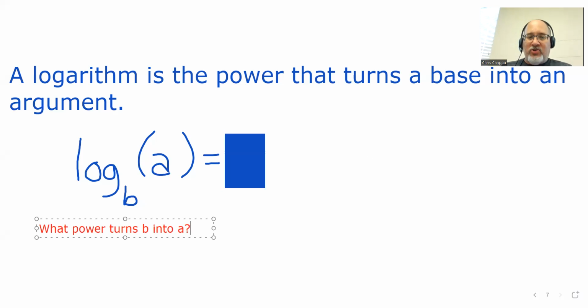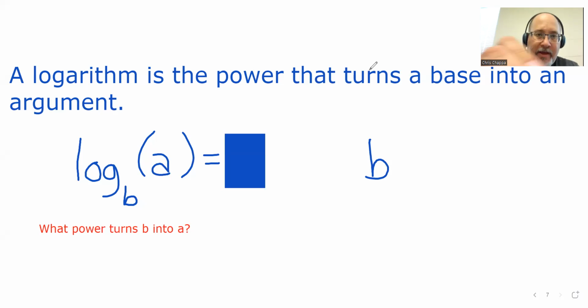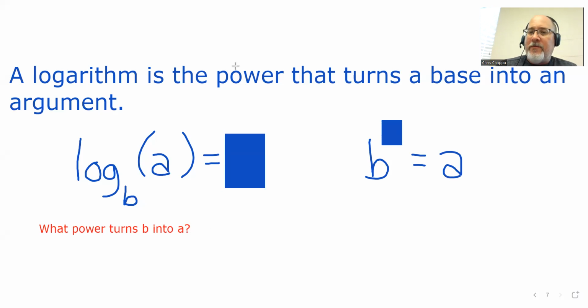So whatever the answer to this is, has to be the power that turns the base into the argument. But what was underneath the first blue rectangle? Do you remember? An X. So guess what should be underneath this little blue rectangle?